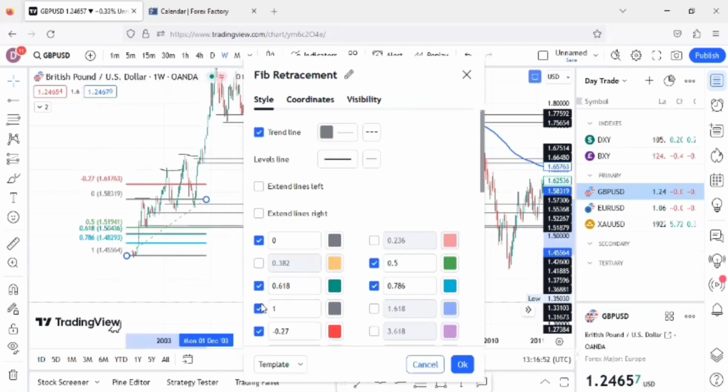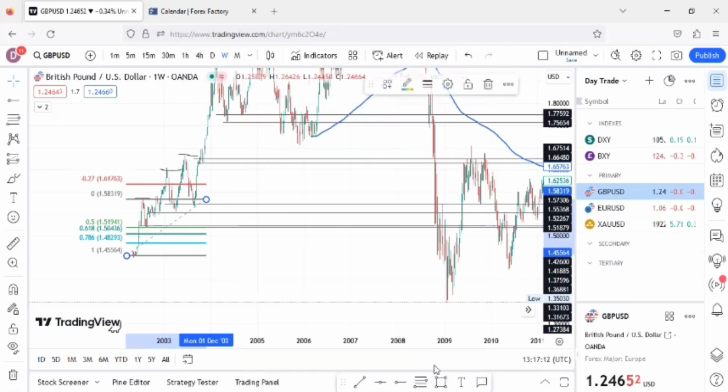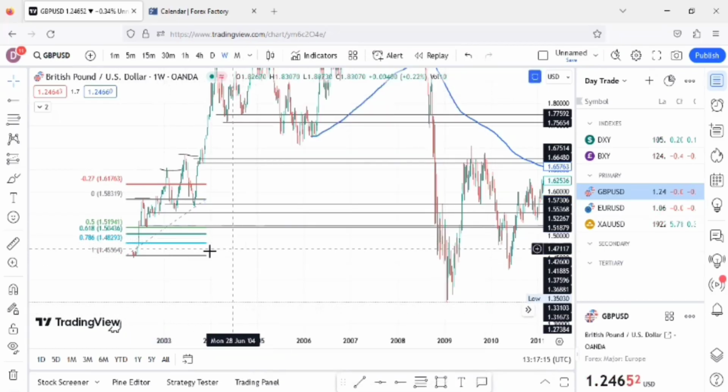So the levels I use are 0.618, 0.786, then I use 0.5. 0.5 means 50%, 78.6%, 61.8%. Okay, those are the levels that I use, and those are the ones that you are seeing on my screen right now.